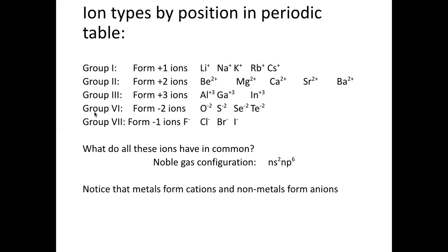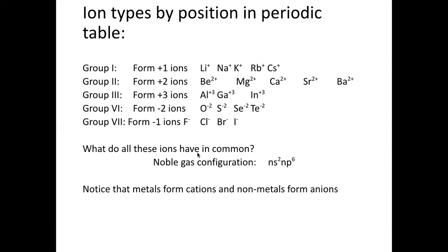Group 6 forms -2 ions, so we have oxygen and sulfur. And then we have group 7, and these form a -1 ion, so fluorine, chlorine, bromine, and iodine. And it's particularly easy here for these groups because groups 1, 2, and 3 correspond with the ions that they're going to form.